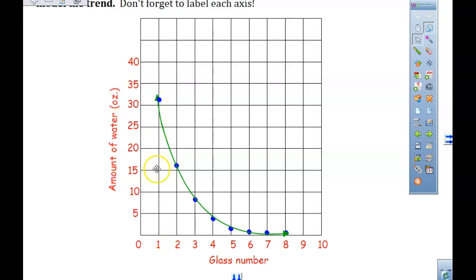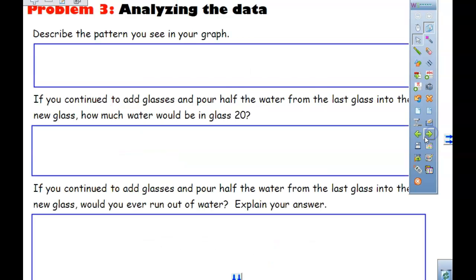At 1, it was 32, 2 was 16, 3 was 8, and it gets closer and closer and closer. Now you can definitely see that it is non-linear. We want to answer the questions at the bottom of that page before you work on your homework, and if you need to, pause this so that you get everything down.